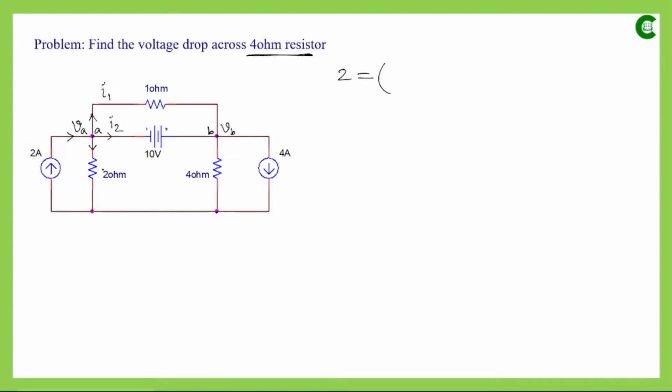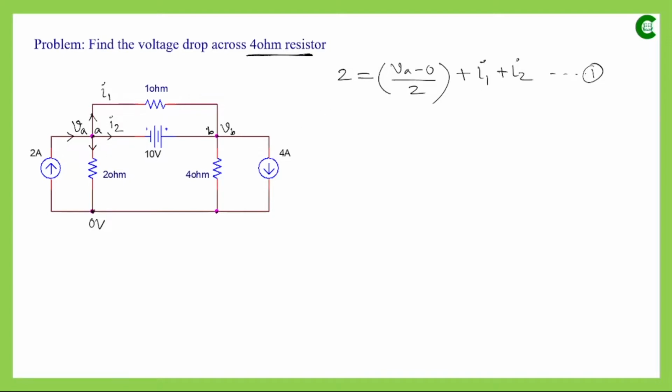For this 2 ohm resistor, the current flowing through it is the potential difference between these 2 points divided by 2. This node is connected to ground, so it will be VA minus 0 divided by 2. For the other 2 branches, I1 is leaving this node, and I2 is also leaving this node. So with respect to this node, this is the equation that we have formed.